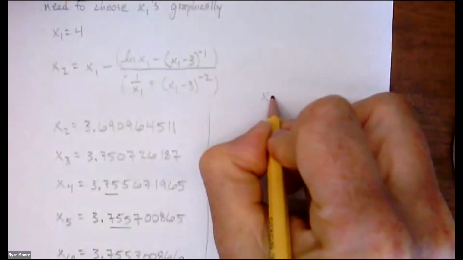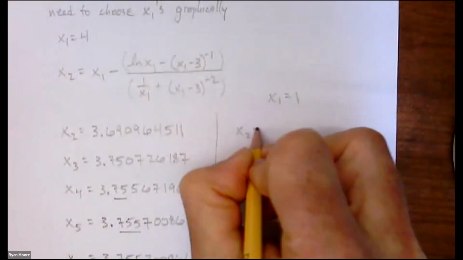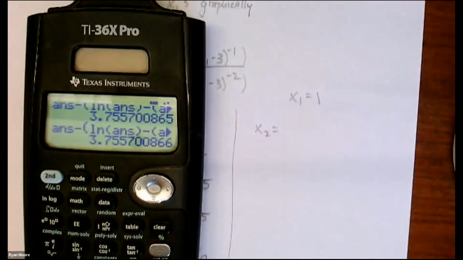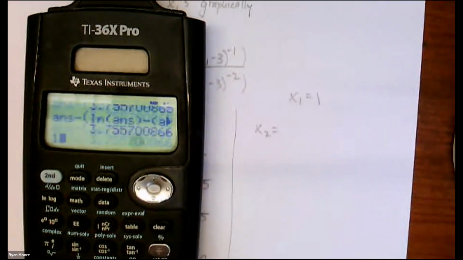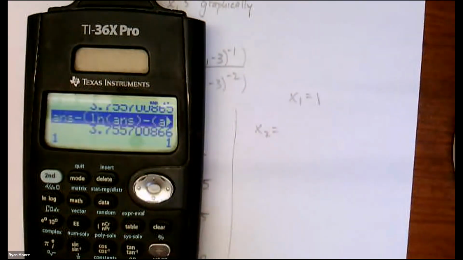Let's take X1. We were going to take X1 equals 1. So I think, am I going to have to redo all this? No, you know what? I don't think I will. Here's what I'm going to do. I'm just going to type in 1, enter, and then scroll up right there.